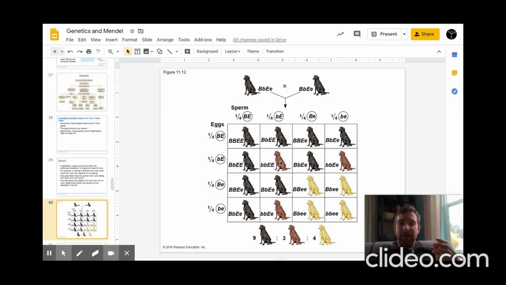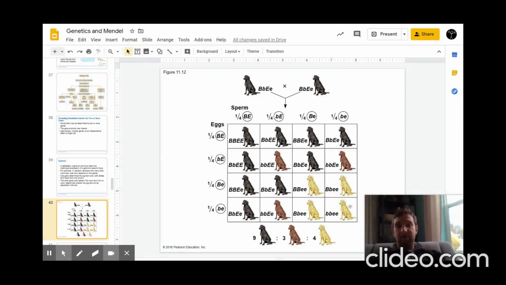And then once it's down to that, what's going on? How are we doing this? Again, we could break this apart and do it as a part of two mini Punnett squares. If we were crossing a dog in terms of this E trait, how many of the offspring would be recessive? 1/4.